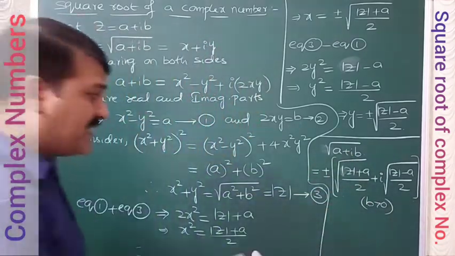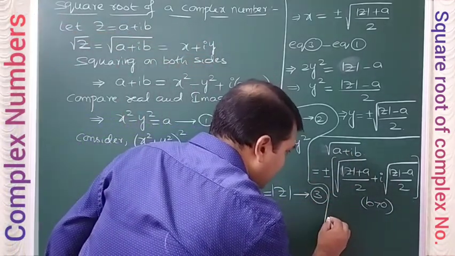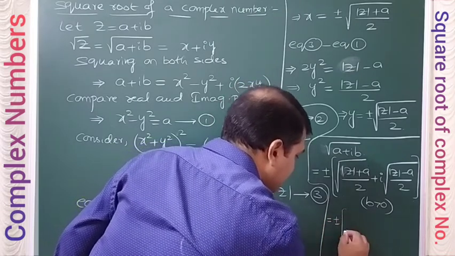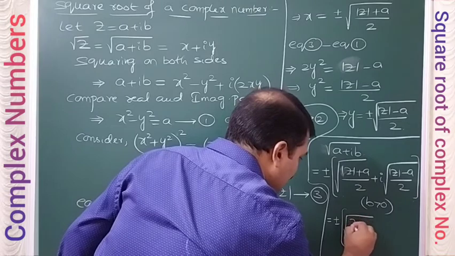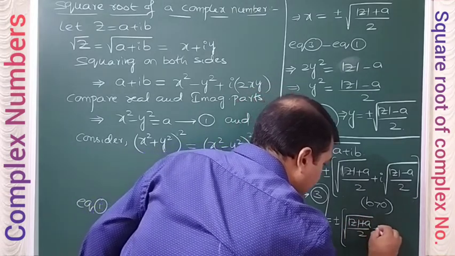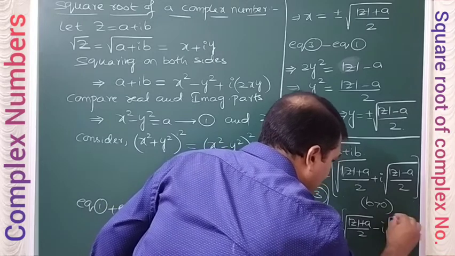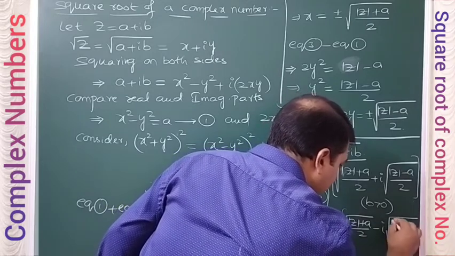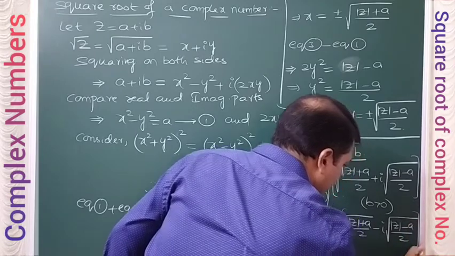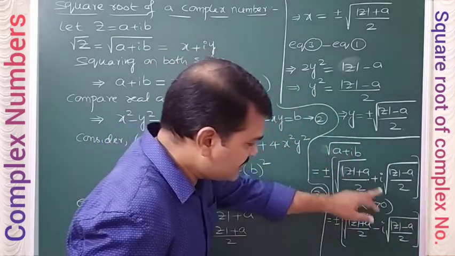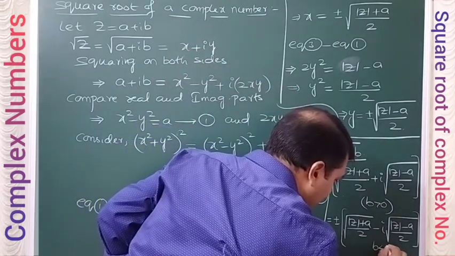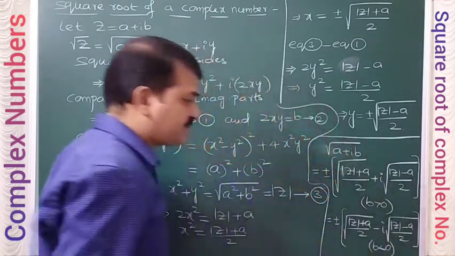If the imaginary part is negative, we will write the formula as ± (√((|z| + a)/2) − i√((|z| − a)/2)). Same formula, I just took minus in between the terms, and this formula is applicable when b is less than 0.